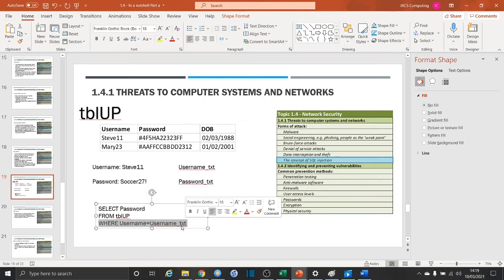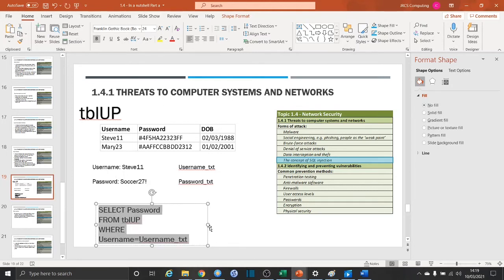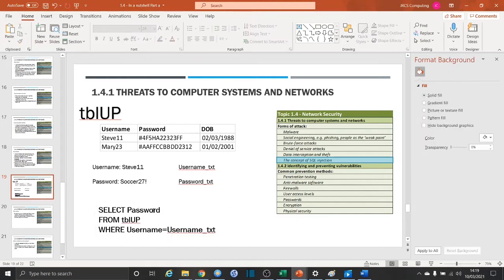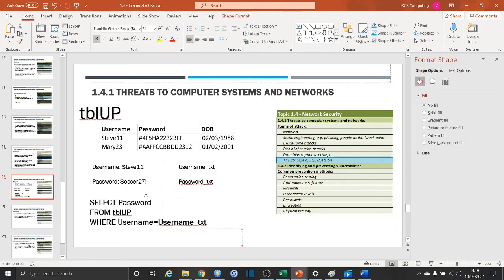All you've got to understand is when you type a username and password online and log in, it's doing some SQL script like this. Now the problem is, this is all text. So this is what SQL injection is. It's cheeky, right? So let's say at the moment I've got username equals username text.